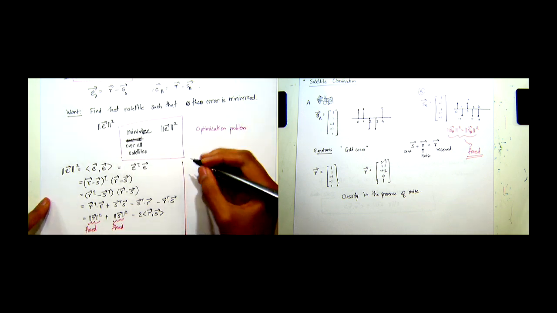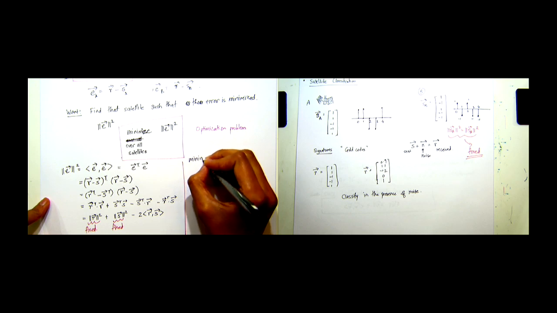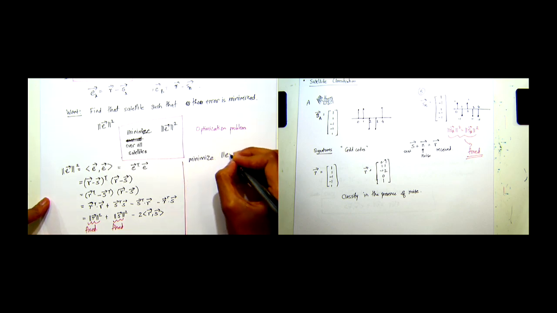So now when I write minimize, can I rewrite this optimization problem in terms of what I've seen? By choosing the different S's, can I change this expression? Nope. Can I change this expression? Can I change this? So can I replace this by this term minus 2 inner product of R and S?